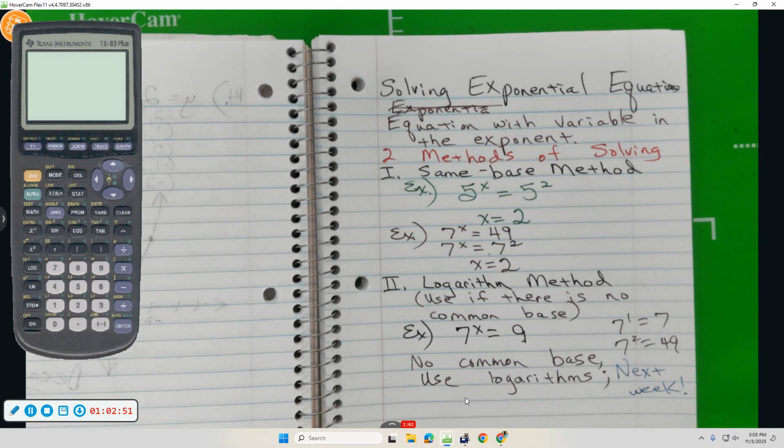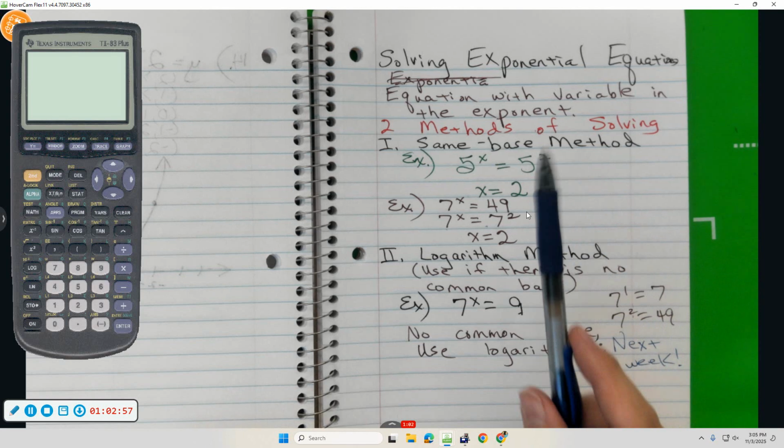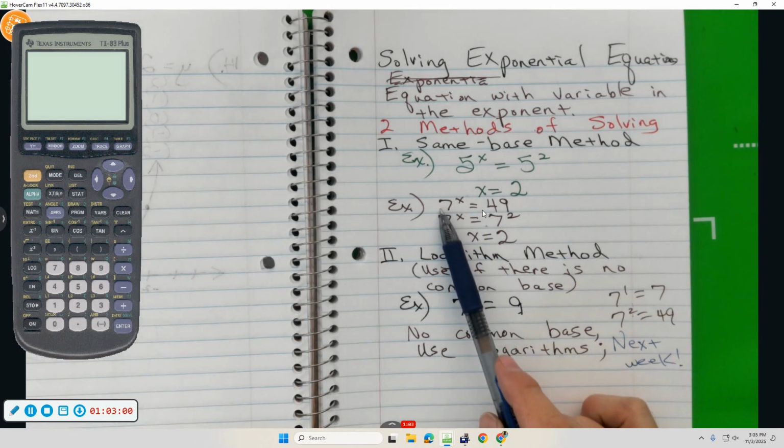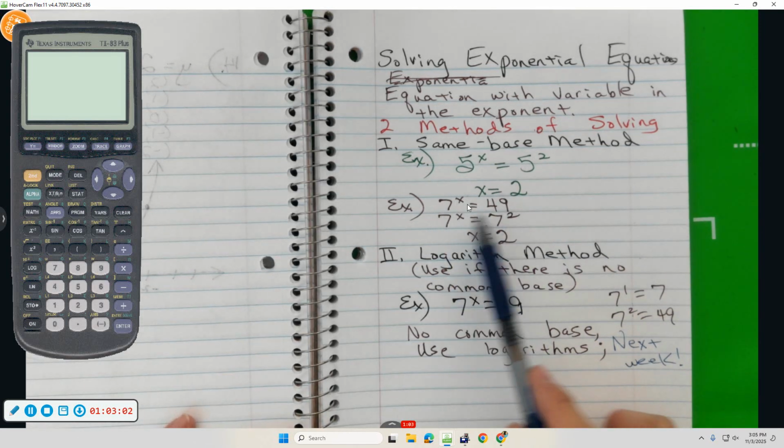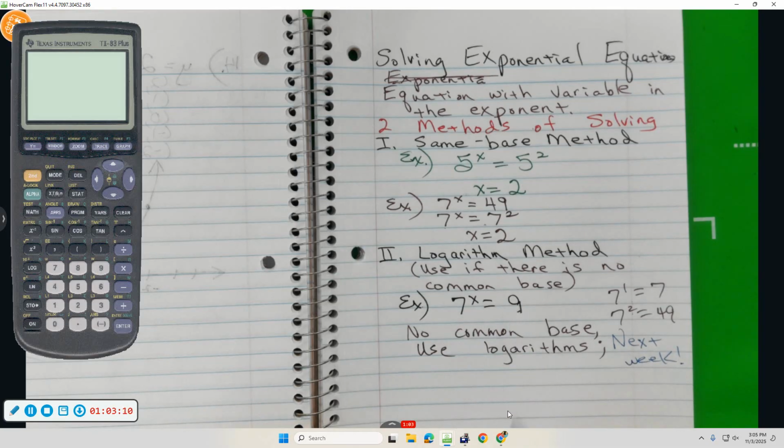But that means everything we're doing today, the equations we're solving today, must be set up in a way so that you can get a common base. They can't give you something where you can't write 9 as a power of 7, you can't write 7 as a power of 9. For these problems, you must be able to get a common base.